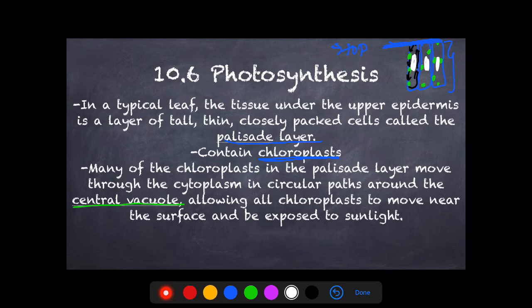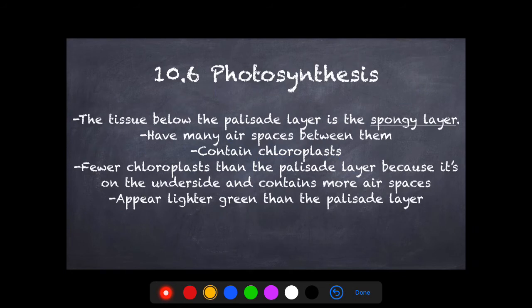Because they move in a circle, all of these chloroplasts are going to have a chance to reach the top of the leaf where you have the most sunlight coming in, and therefore they're able to capture the energy from the sunlight to make sugar, or to allow photosynthesis to actually occur.